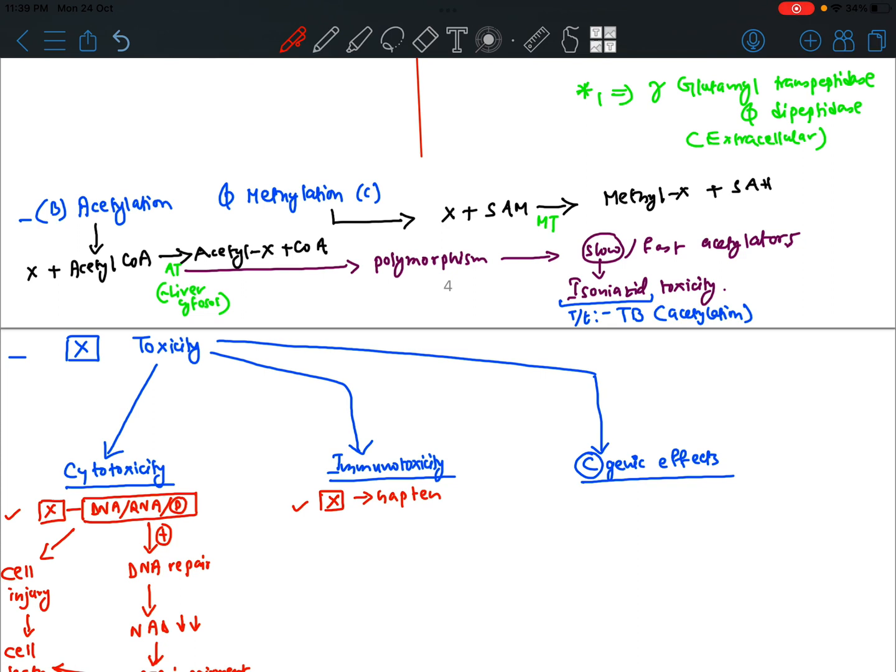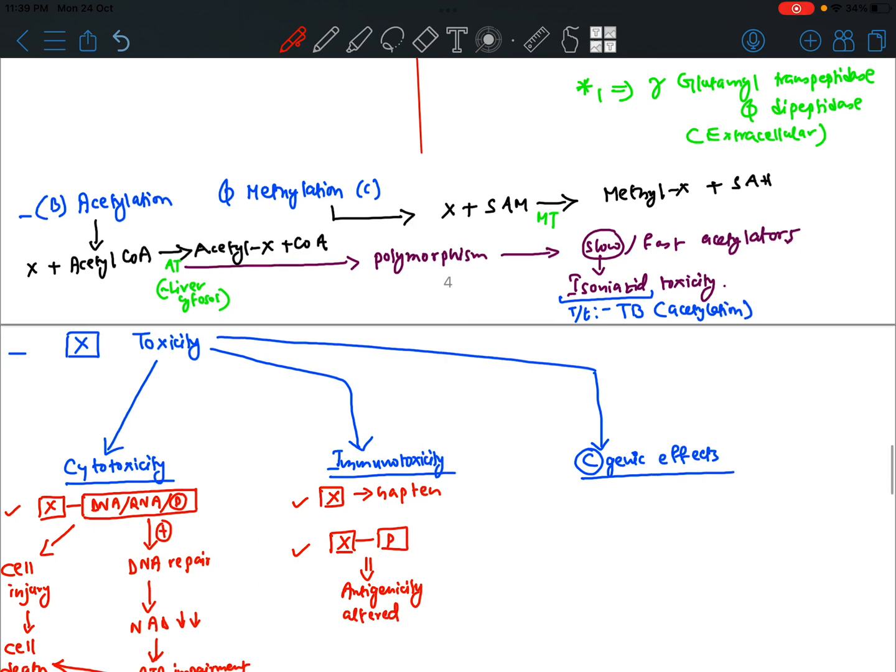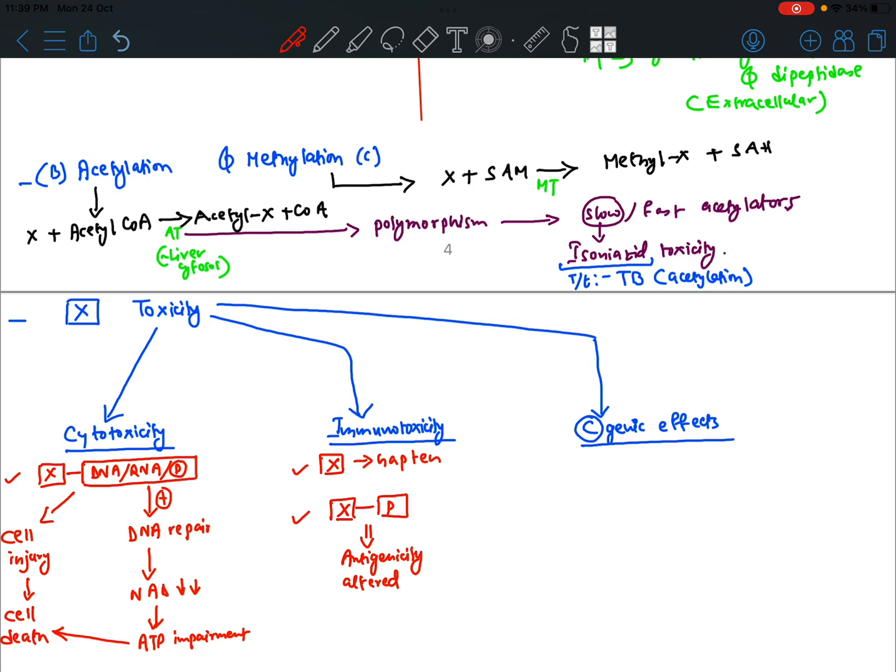So the reactive metabolite of a xenobiotic may bind to a protein, acting as a hapten and altering its antigenicity. So X binds to a protein, therefore antigenicity is altered, right? On its own it will not stimulate antibody production, but does so when bound to a protein.